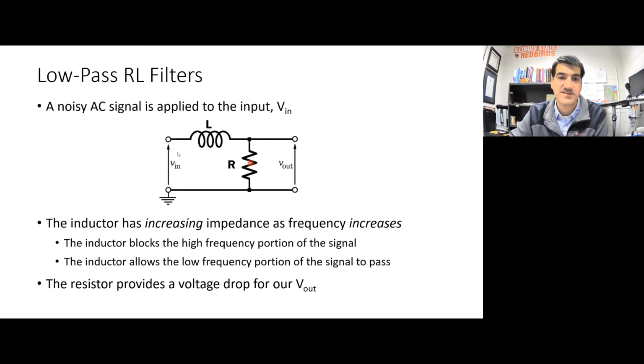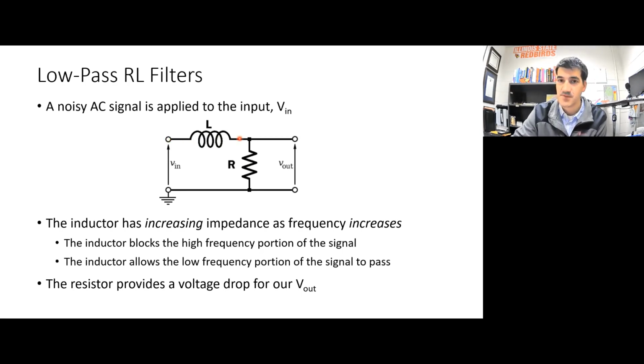So what's going on with this signal? We've got our input voltage here, and we know that the inductor has an increasing impedance to higher frequency components of the signal. So it's going to block and attenuate the high frequency portions of the signal. Meanwhile, it has low impedance to low frequency components, and so it's going to allow them to pass through.